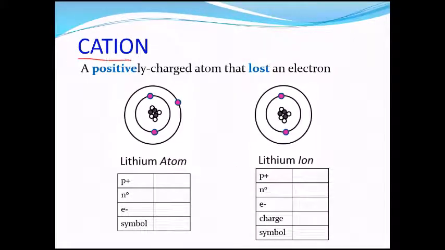I had a couple English people last year in my AP class that really hated the way this is written, and it looks like "cat-ion," I understand that, but it's really pronounced "cation." The best way to remember cations is that it has a T in it, and the T means it's going to be the positive ion. Now that's kind of opposite: you lose electrons, you become more positive because you're losing those negative charges.